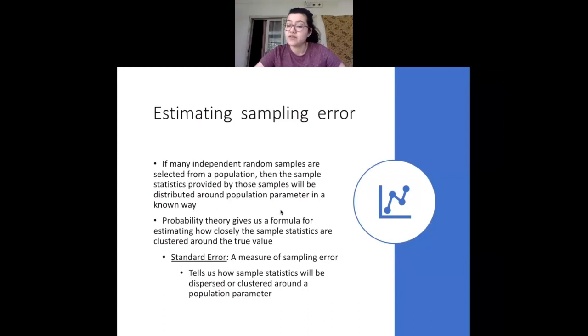Statisticians have developed calculations to determine, based off of your sample size and the larger population that you're interested in, what exactly your sampling error is, so they can calculate it. And a lot of statistical methods, and Stata or R, will calculate it for you as well.